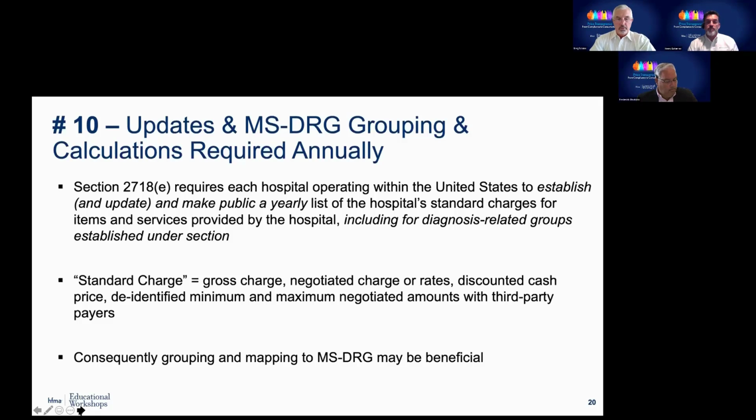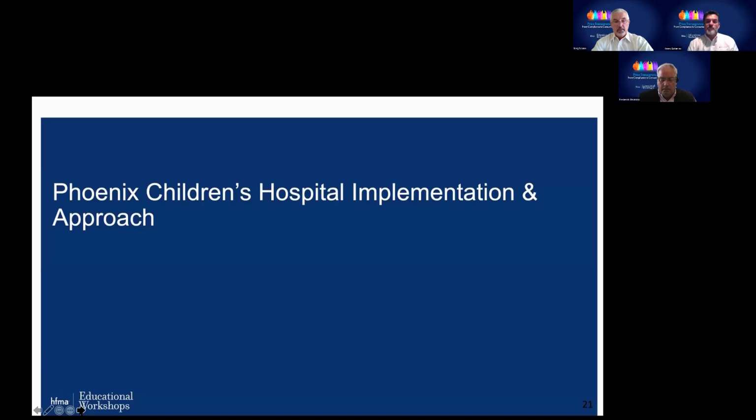And as I stated earlier, calculating the median Medicare Advantage negotiated rate by MSDRG will be required beginning with the 2021 Medicare cost report. Now, I would like to turn the program over to Renee Clark from Phoenix Children's Hospital, who will provide a provider's perspective.